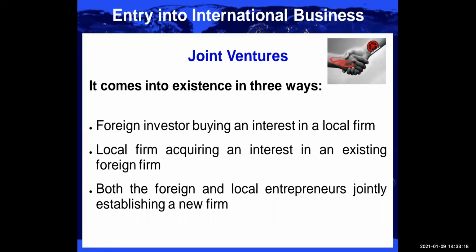Now, it comes into existence in three ways: a foreign investor buying an interest in a local firm, secondly, a local firm acquiring an interest in an existing foreign firm, or both the foreign and local entrepreneurs jointly establishing a new firm.